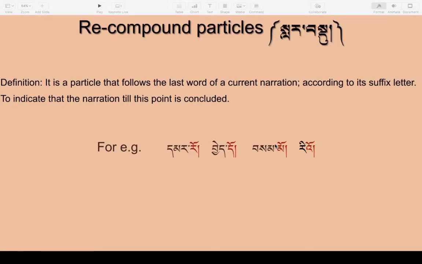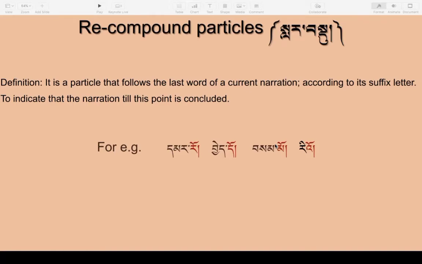Whatever is stated after this will be about a different thing. It won't be related, or it may have a slight relation with something spoken earlier, but in most contexts it will be totally unrelated. So there are now two different narrations.